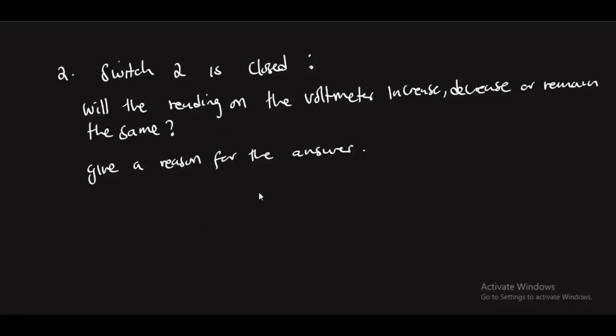Let's check another question. Here they say switch 2 is closed. Will the reading on the voltmeter increase, decrease, or remain the same? Give a reason for the answer. We saw that the reading on the voltmeter decreased. If they ask you theoretically and you don't see the simulation, it starts with the resistance. Step by step: when we make a parallel connection, R effective decreases, so R external decreases.